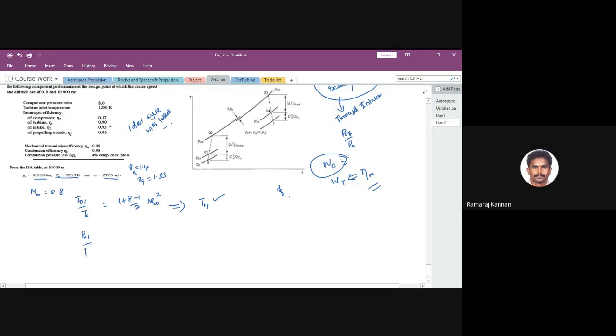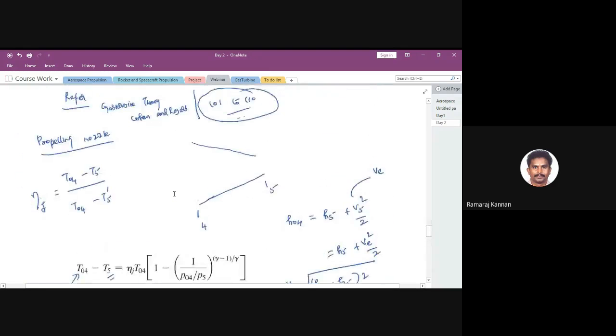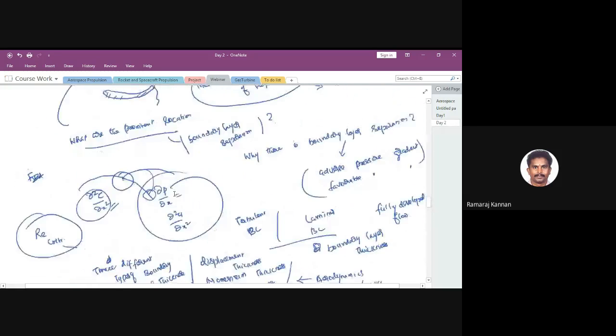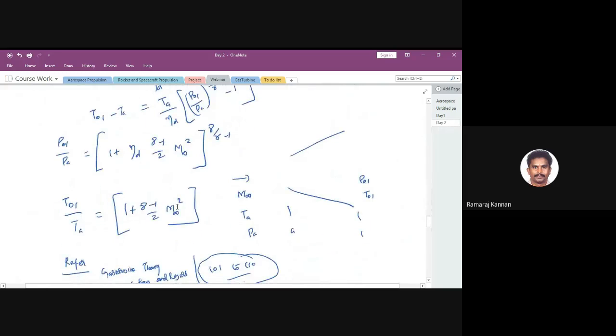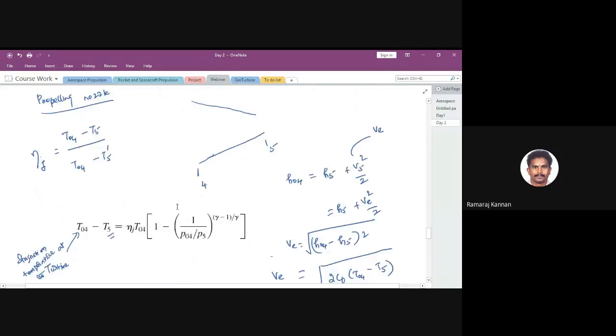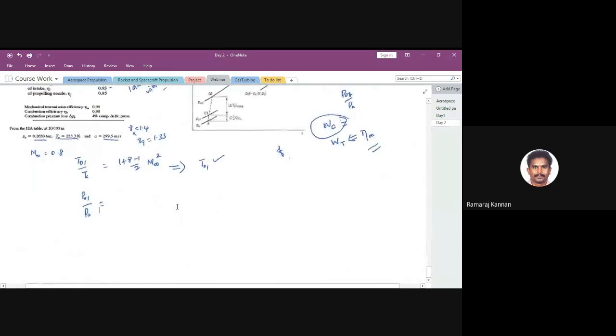Your P01 by PA, already we have seen the relation here. We have discussed it. It's going to be 1 plus isentropic efficiency of diffuser times (gamma minus 1) by 2 M infinity square, whole to the power gamma by gamma minus 1.